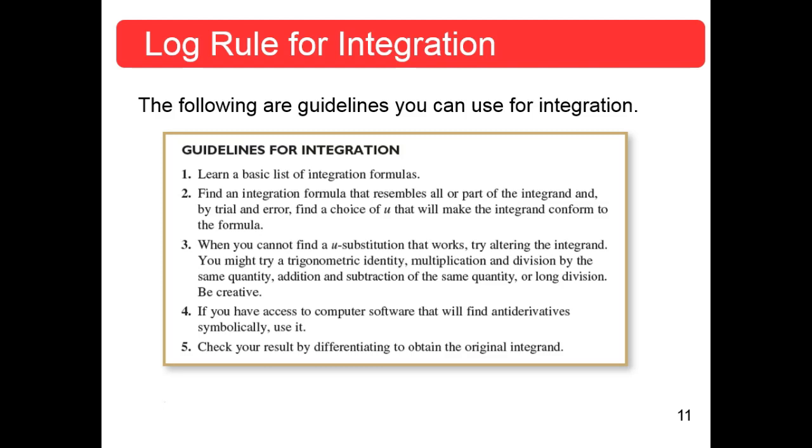Continue with that. When you cannot find the u substitution that works, try altering the integrand. For instance, like we just did, that first one, you wound up still with an x up there, but you could rearrange the u in terms of x and get that to work, or x in terms of u, I guess it was. You might try a trigonometric identity, multiplication, division by the same quantity, addition or subtraction of the same quantity, long division.